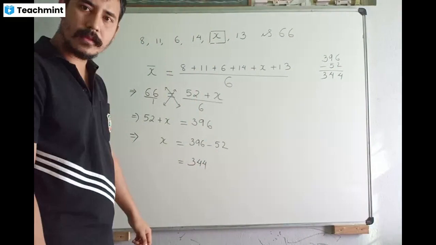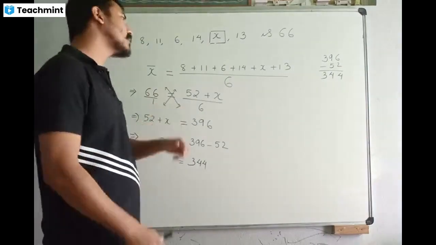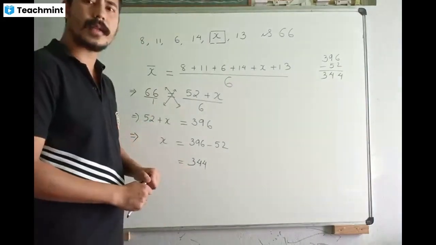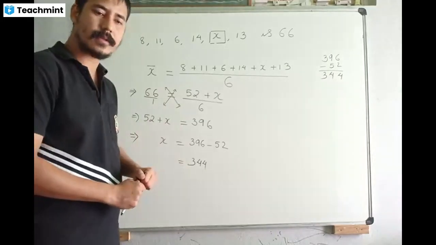So whenever you have ungrouped data, in order to find the arithmetic mean, you simply strictly follow the definition, that is, the sum of all the items in the group divided by the number of items.